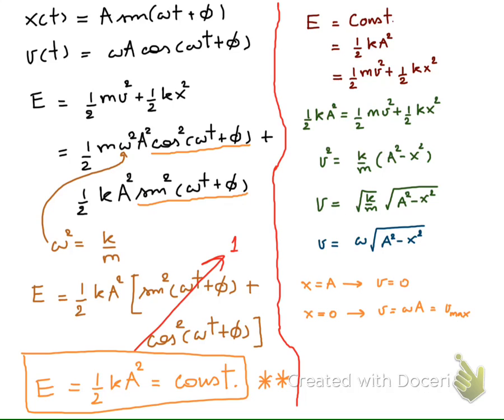So we have that v when x is 0 is omega a, which is the maximum value of v, and also the v at x equal to a is the minimum value of v also.